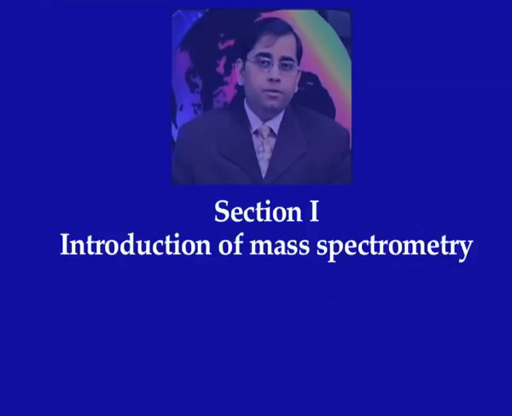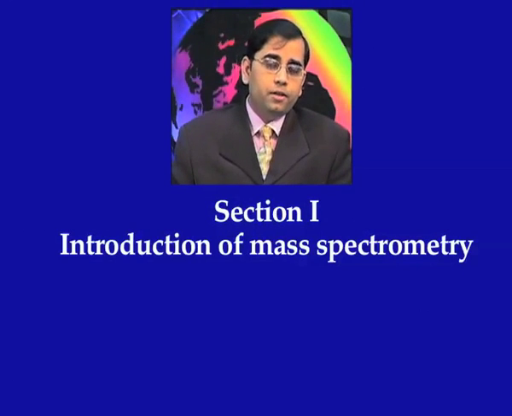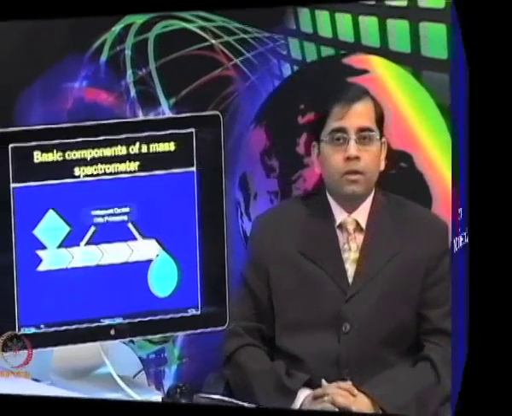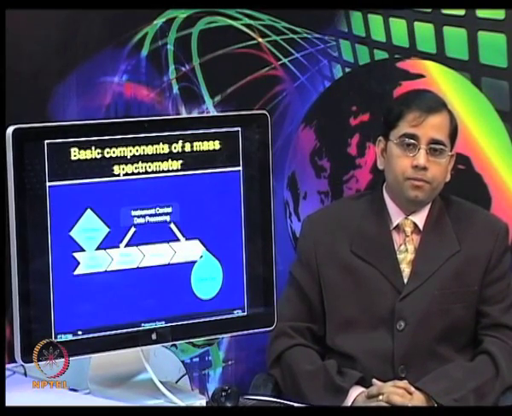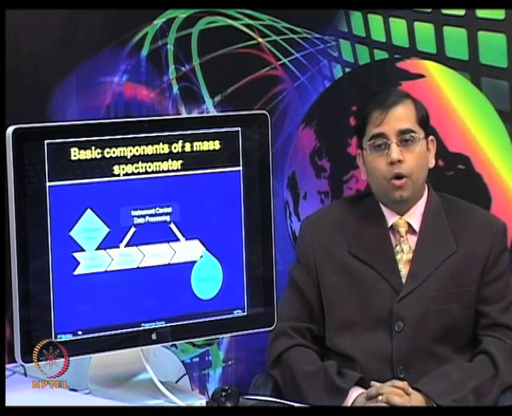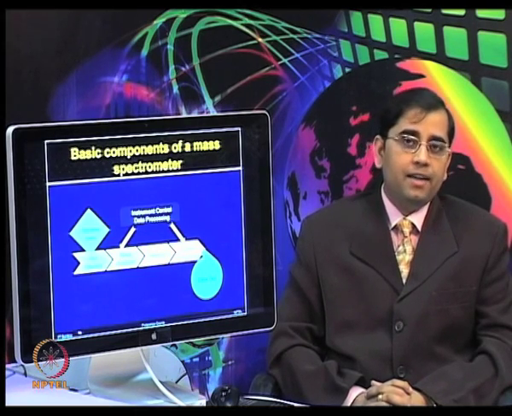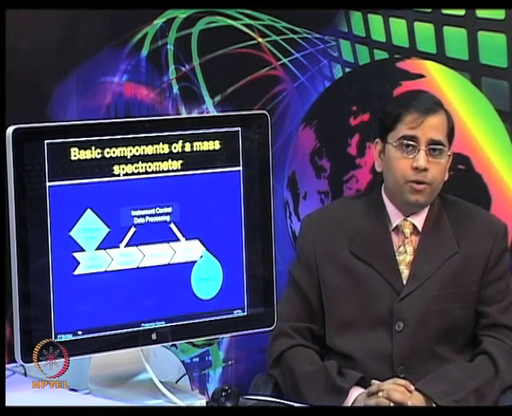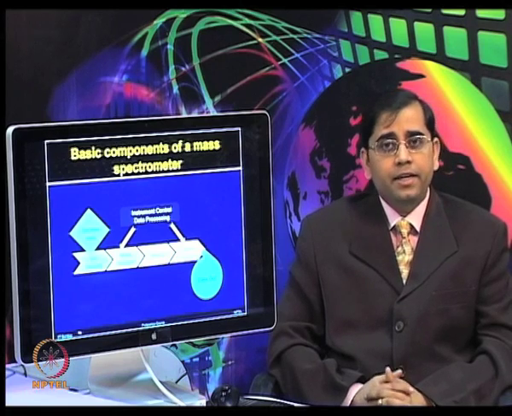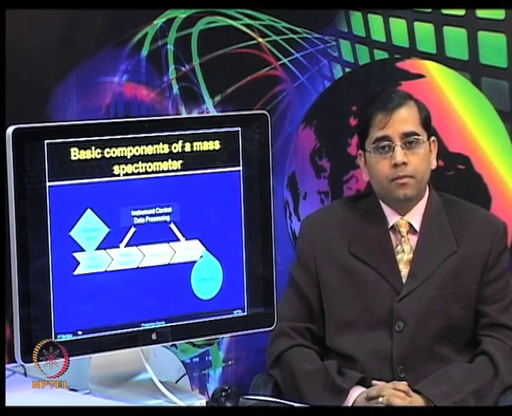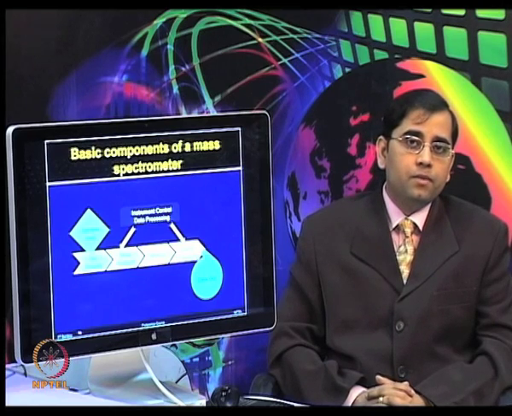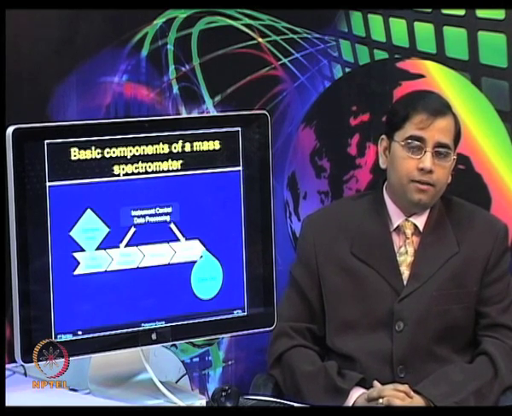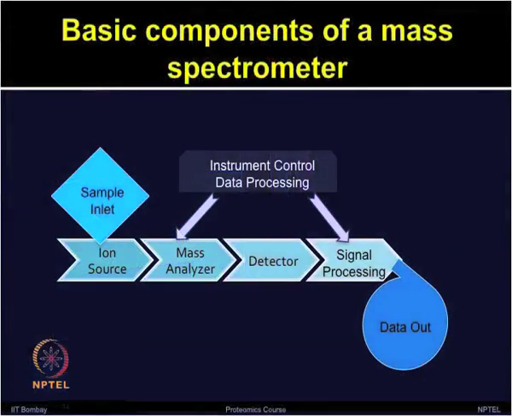Now, let us talk about different parts of the mass spectrometer. Major components include the sample inlet, ion source, mass analyzer, detector, signal processing components, and data output. Let us look at each of these components in a little more detail. The sample inlet transfers a sample into the ionization source.